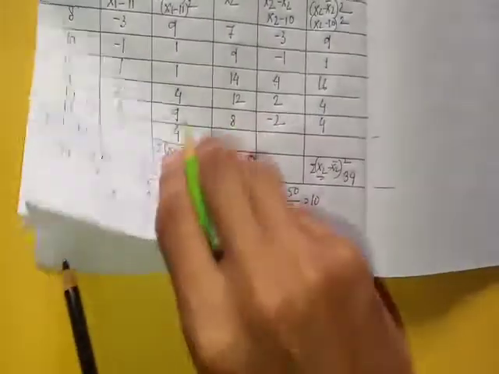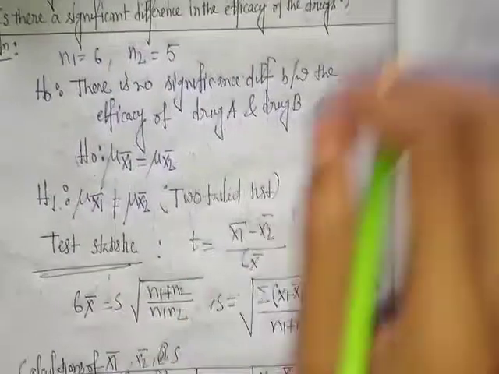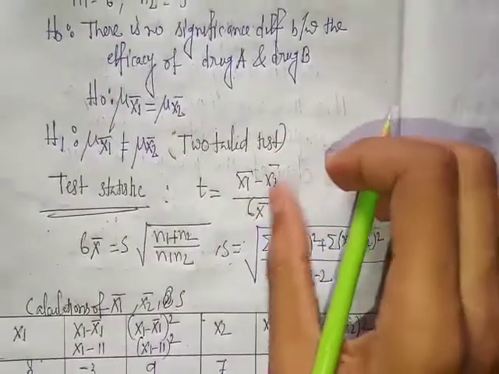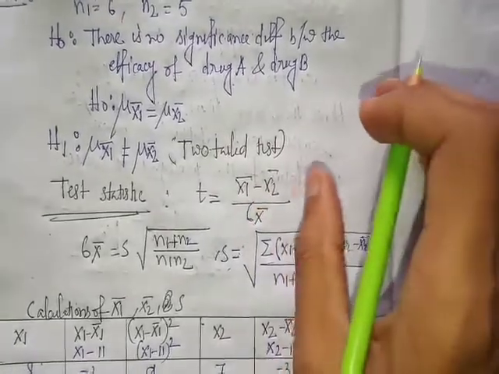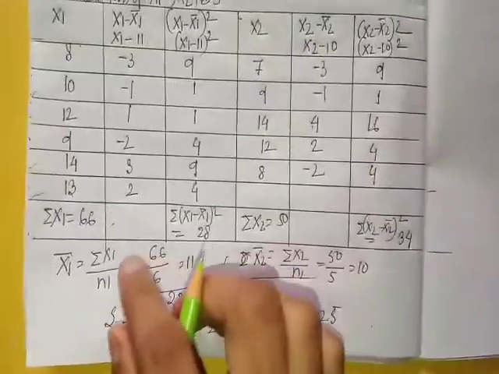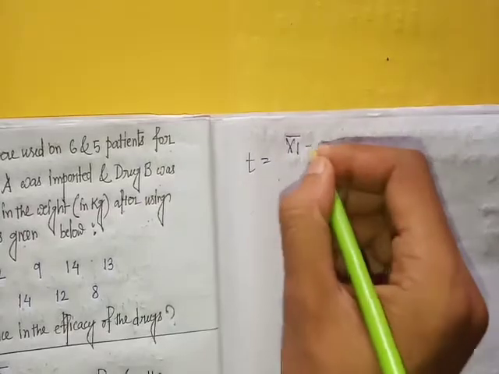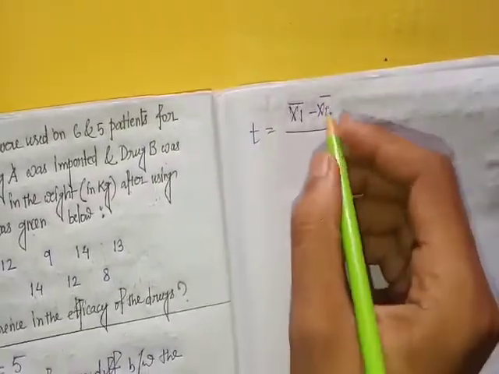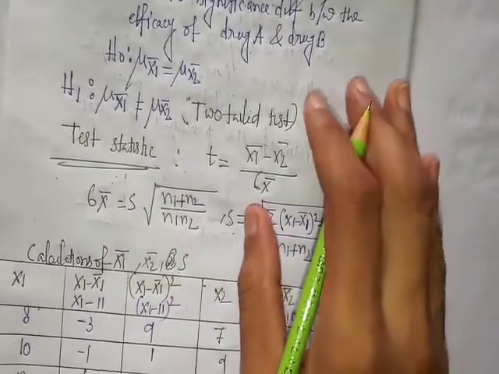Next, t. The formula is t equals x1 bar minus x2 bar by sigma x bar, where sigma x bar means s into root over n1 plus n2 by n1 n2.